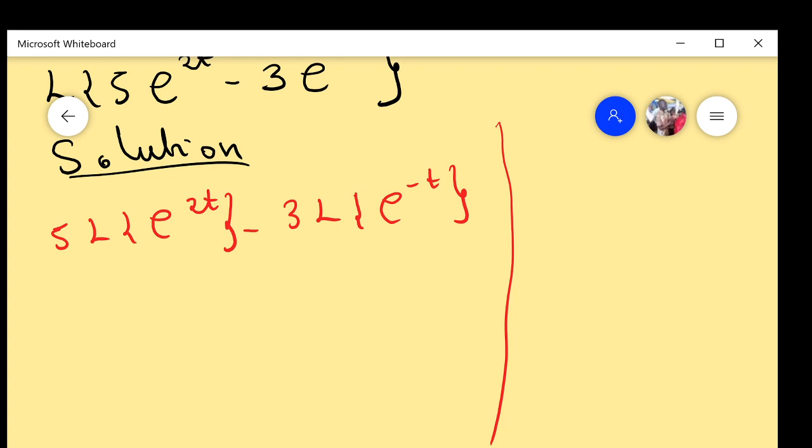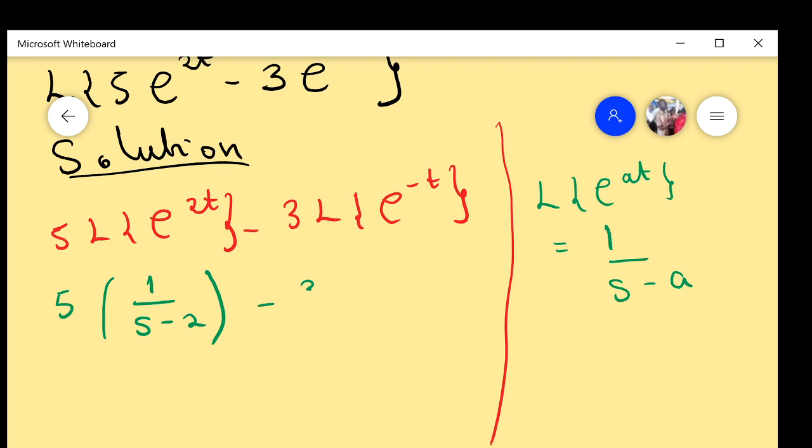We said the Laplace transform of e to the power at is equal to 1 over s minus a. So here our a is 2, so I have 5 times 1 over s minus 2.